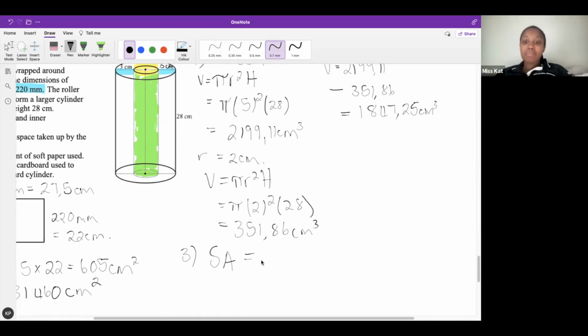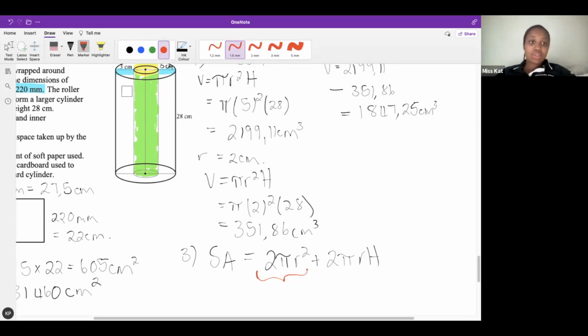Okay, so the complete surface area formula is 2 times pi r squared plus 2 pi r h, right? This part, pi r squared, that accounts for the 2 circles at the top and at the bottom of a cylinder. Do you guys agree? The first part here accounts for the 2 circles at the top and at the bottom.